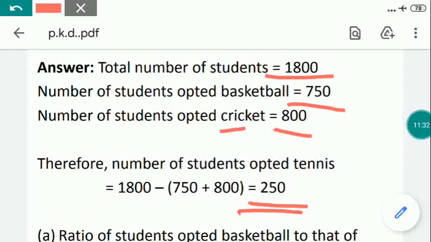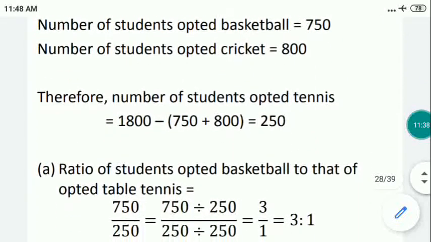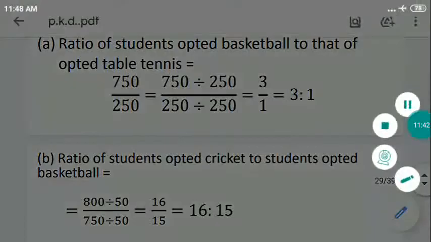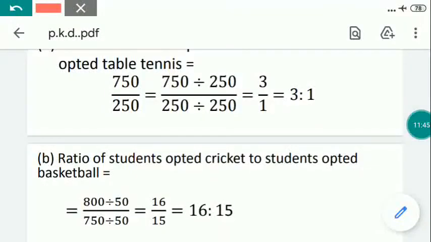So students opted tennis are 250. You get all students' strength here. Now first, the ratio of students opted basketball to that of opted table tennis is 750 upon 250. So divide numerator and denominator by 250. You get 3 by 1, which is equal to 3 as to 1.